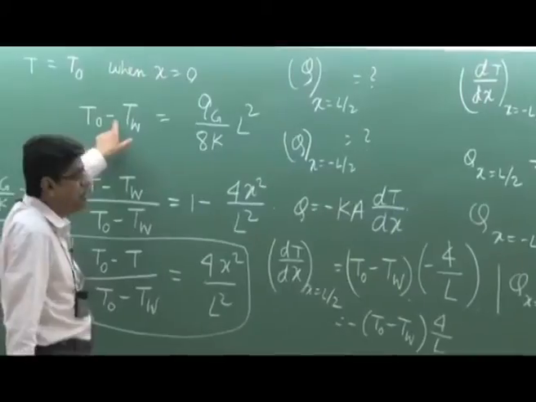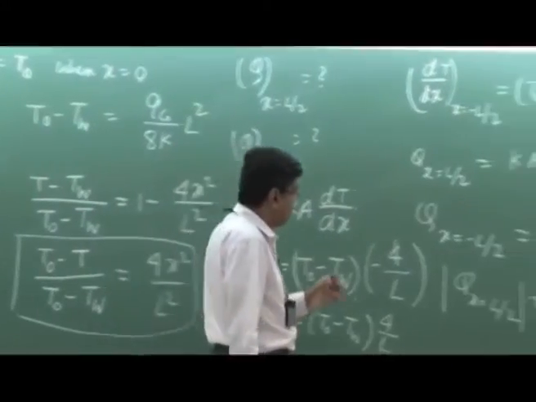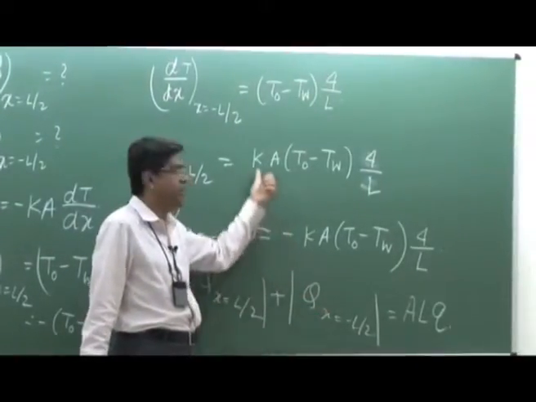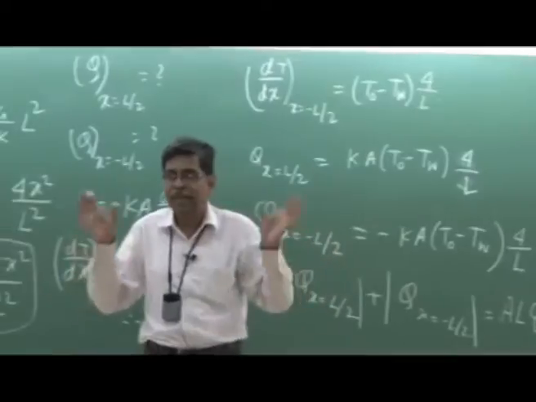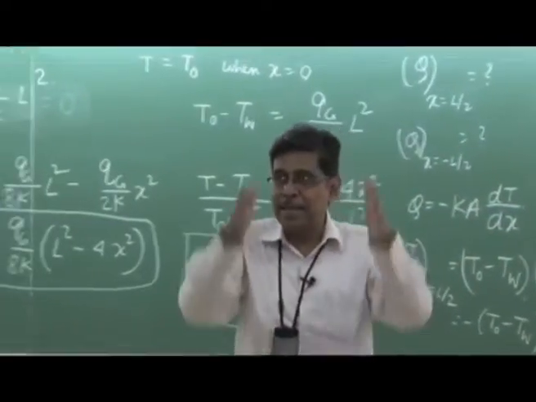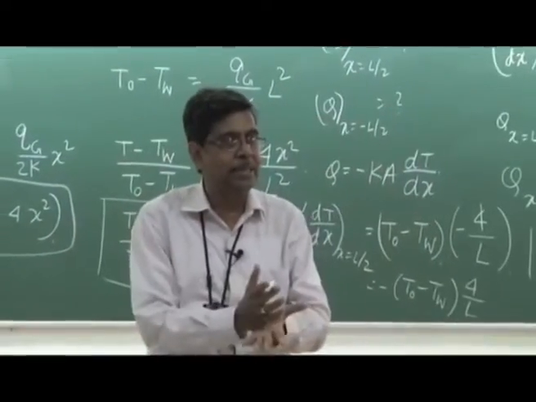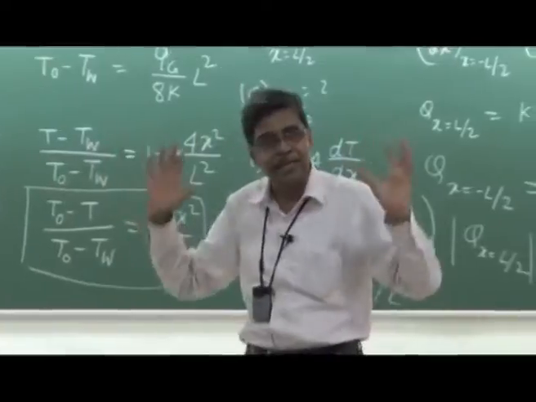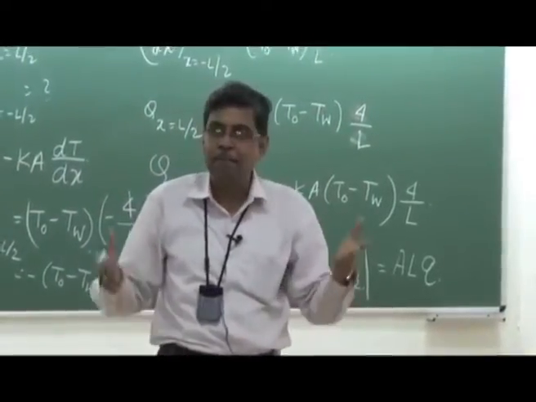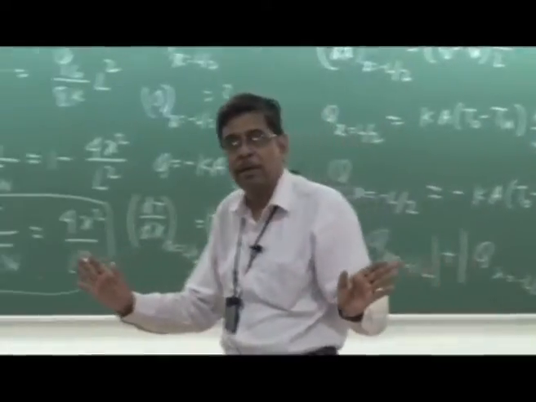That means, if you now eliminate this T0 minus TW, it is a check that the total heat loss from two surfaces, the sign is the direction. But if I take the scalar sum of these two, energy balance tells that heat loss from both the surfaces equals the total internal energy generation, because we have satisfied the same conservation in differential form, point to point. That means the gross has to be balanced. There is no doubt of it.